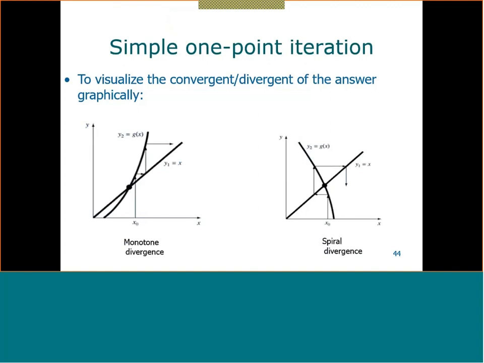If you start your initial guess, let's say here, then you might converge. Like this, then you will converge. So where your initial guess is with respect to the solution is also very, very important, and here it will diverge as well.